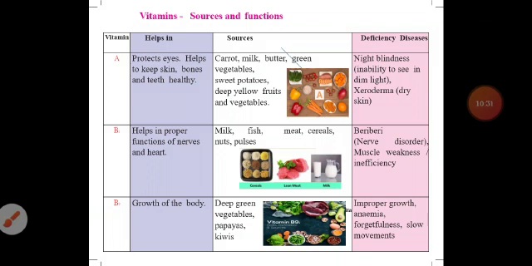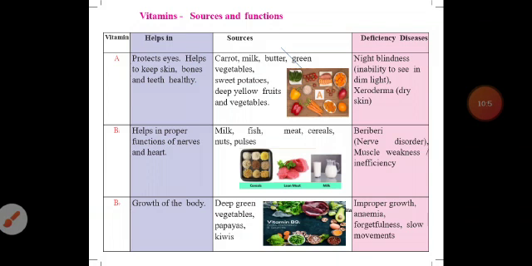First, we will learn about vitamin A. What is the function of vitamin A? It protects our eyes. It helps to keep our skin, bones and teeth healthy. The sources of vitamin A are carrot, milk, etc. Observe the picture.